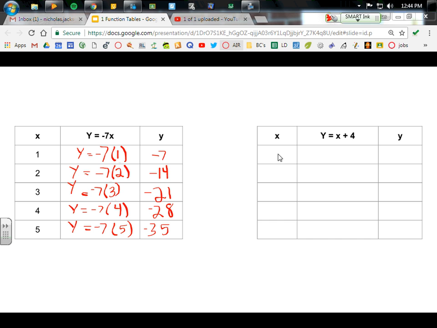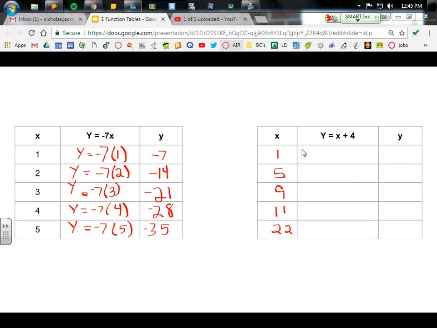I might want to go with inputs 1, 5, 9, 11, and 22. It doesn't have to be 1, 2, 3, 4, 5. It doesn't even have to be in order from least to greatest. I could jump around. My function is going to work no matter what.